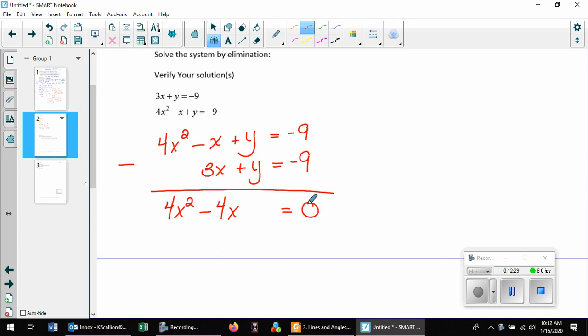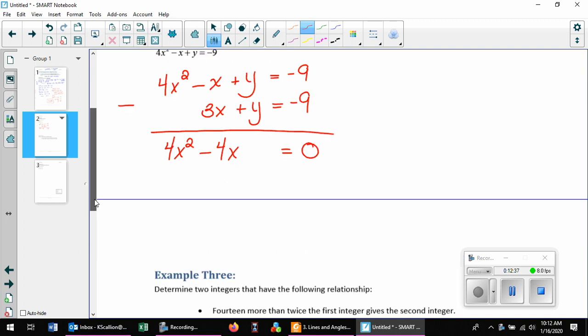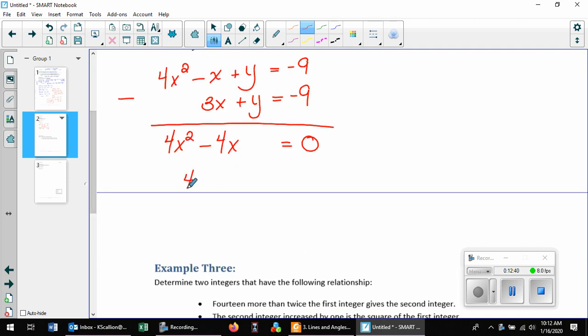Does that look familiar? Right? That's exactly what was on the page the last time. We know we have an x squared is equal to 0. We can solve, so we're going to have 4x equals 0, x minus 1 equals 0.